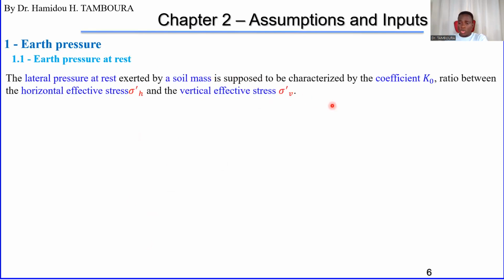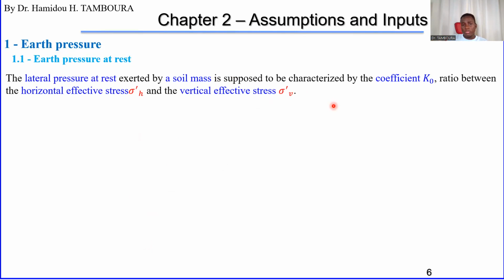So what we want here is the lateral earth pressure, because the lateral earth pressure is the one that is acting on your retaining wall. So you need to know the value of that lateral pressure.